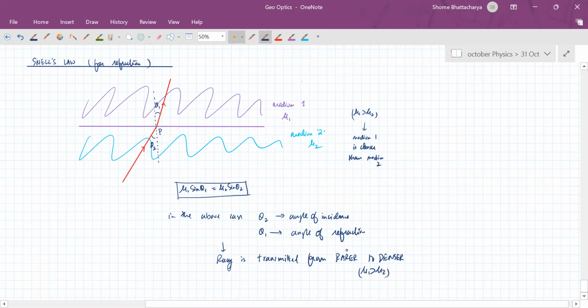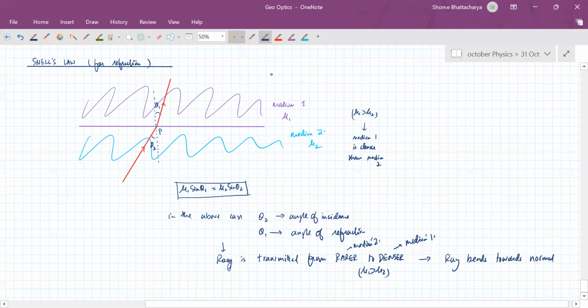It is from medium 2 to medium 1. So that ray bends towards the normal.